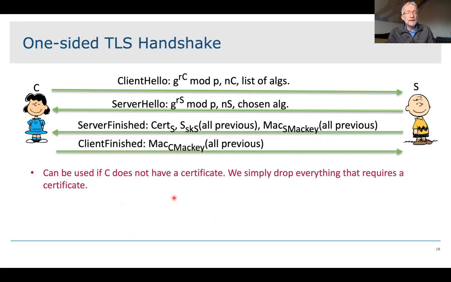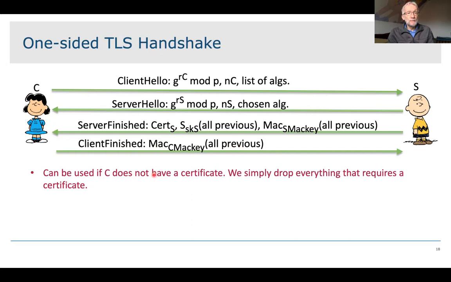So what you do in that case is you simply do the same protocol, but you drop from the protocol everything that requires a certificate. Concretely, a client finish message would only contain the MAC done on all previous messages. You simply drop the client certificate and the client signature.